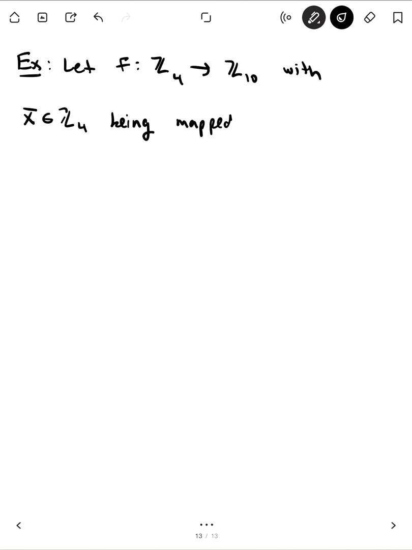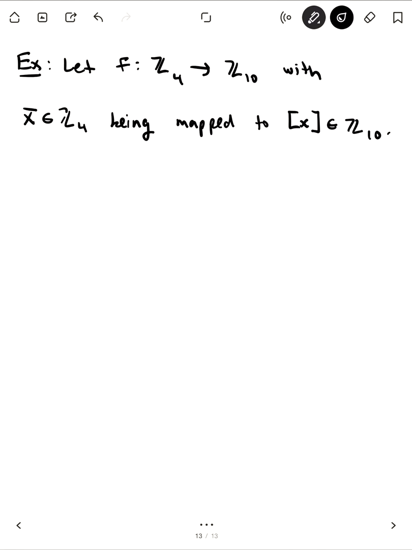So let f go from the integers mod 4 to the integers mod 10, with x bar in Z4 being mapped to bracket x in Z10.